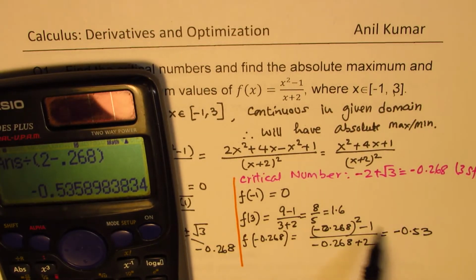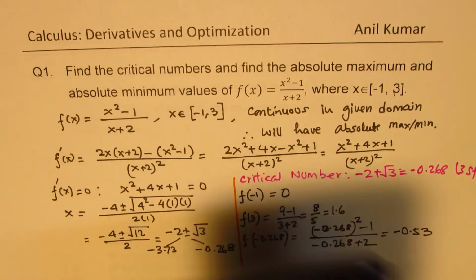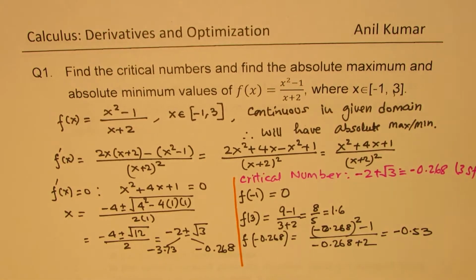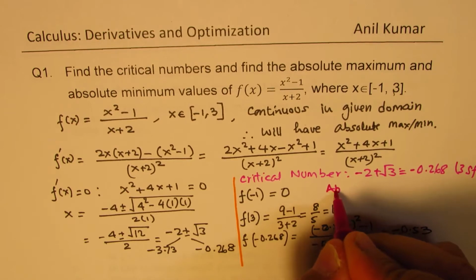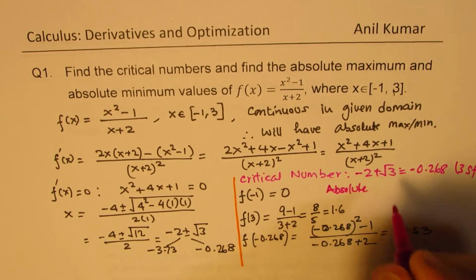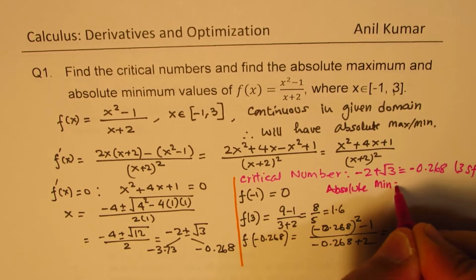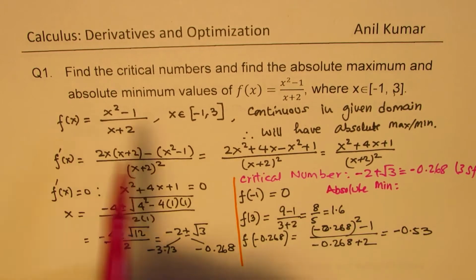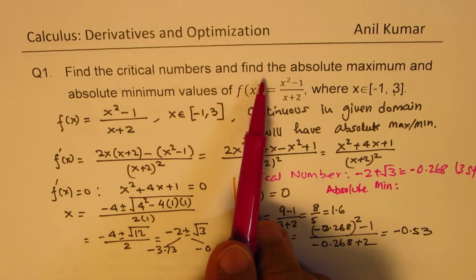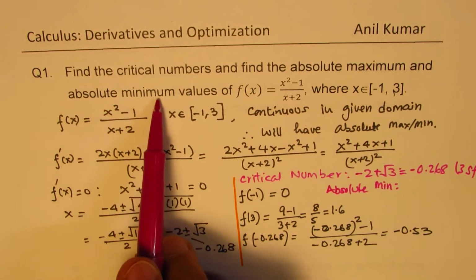So we have 3 values here. From here we can write down what is the absolute maximum value and what is the absolute minimum value. We have to find the critical numbers and the absolute minimum and maximum values.